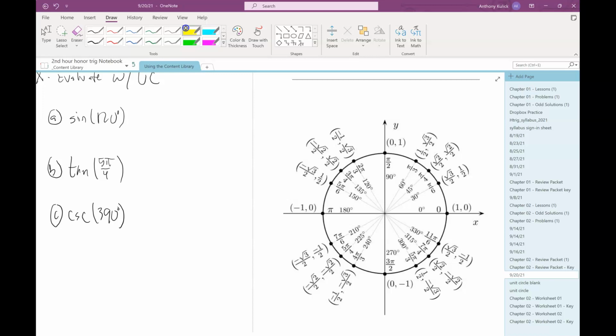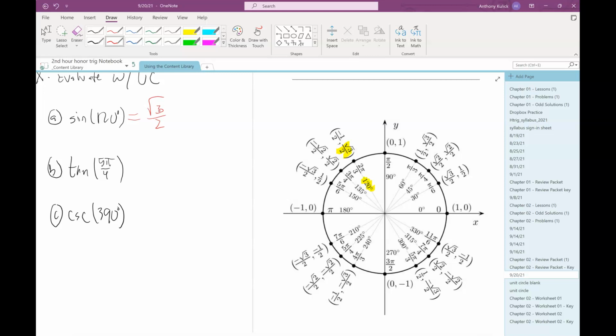Well, I know sine of 120, so I'm just going to locate 120. And then I know the unit circle definition for sine is just y. So I'm going to pull the y coordinate, and that's my answer. I didn't have to build the reference triangle this time or draw the picture, any of that.